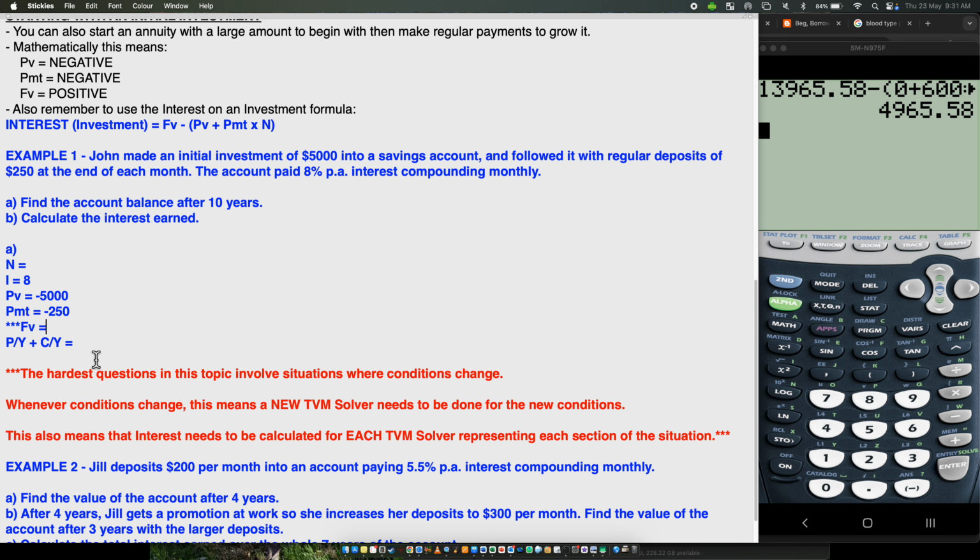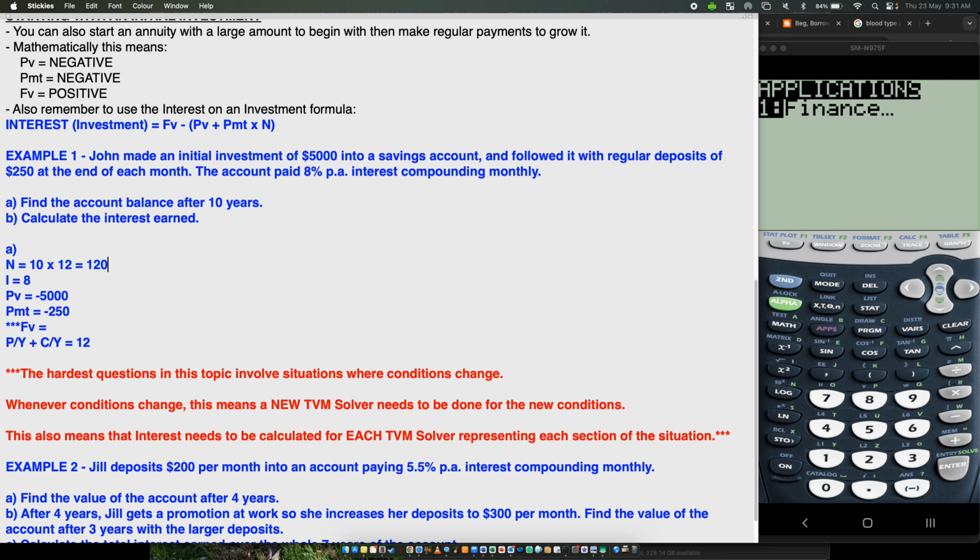Negative 250. Let's have a think about PY and CY. How often is he putting $250 into the account? Every month. How often is it compounding? Every month. Yep. Now we can work out N. N is going to be 10 years times however many times it was happening a year, which was 12. So it's going to be 120.